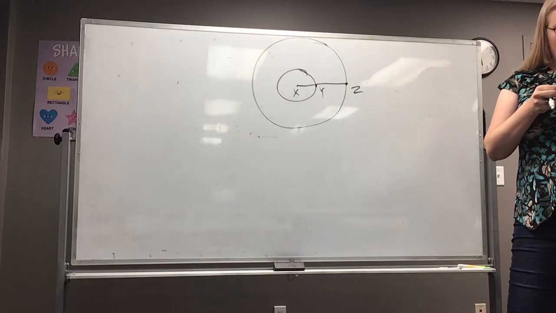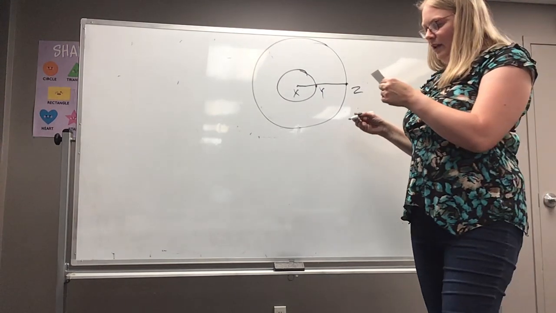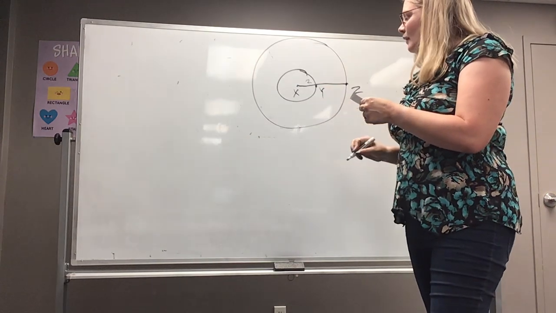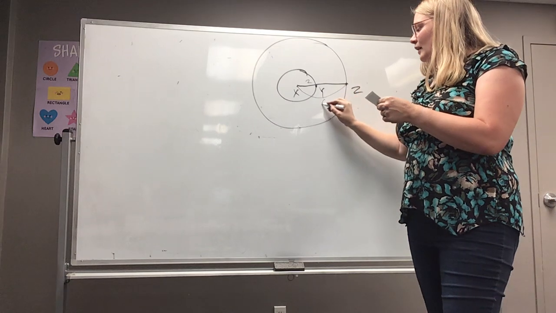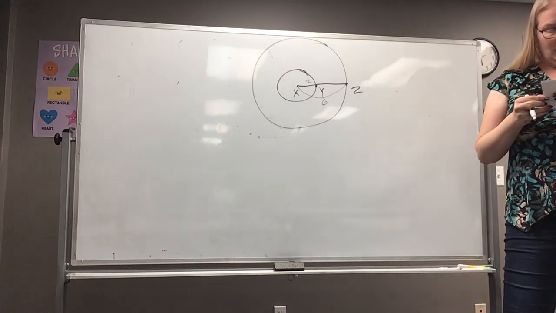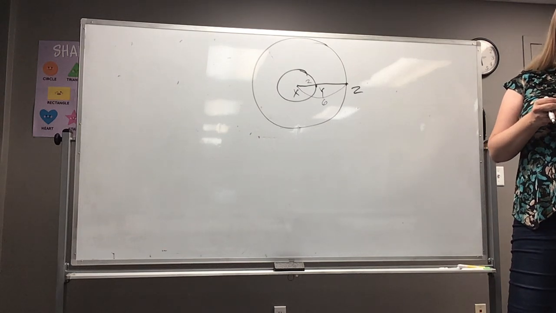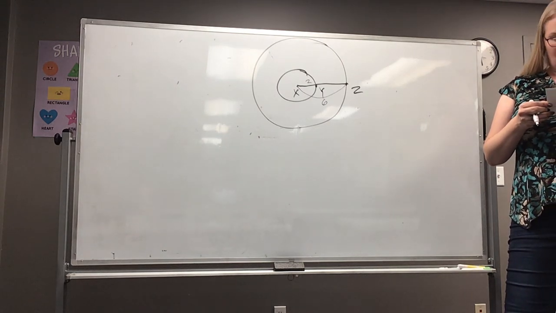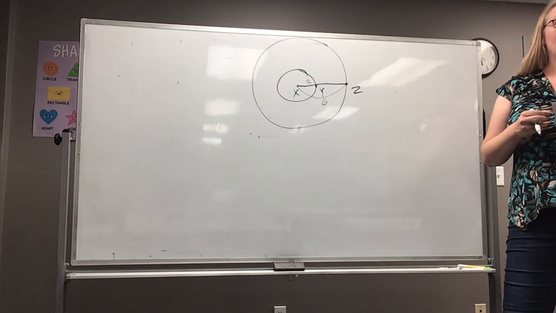In the figure below, both circles are centered around X. The length of XY is 2 units, and the length of XZ is 6 units. If the smaller circle is cut out of the larger circle, how much of the area in square units of the larger circle will remain?